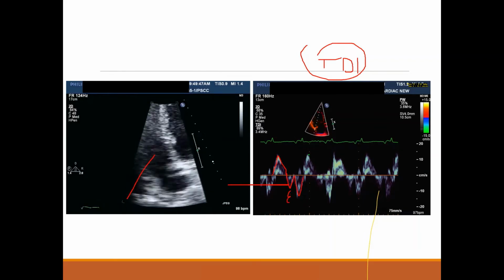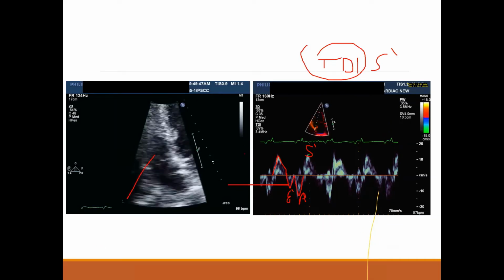So this is E prime, A prime, S prime, just like on the left side. But are we using it for any meaningful purpose in echo? Have you seen this signal ever obtained from the right side? Yes, we do. This is the TDI S prime of the right ventricle for right ventricular systolic assessment.